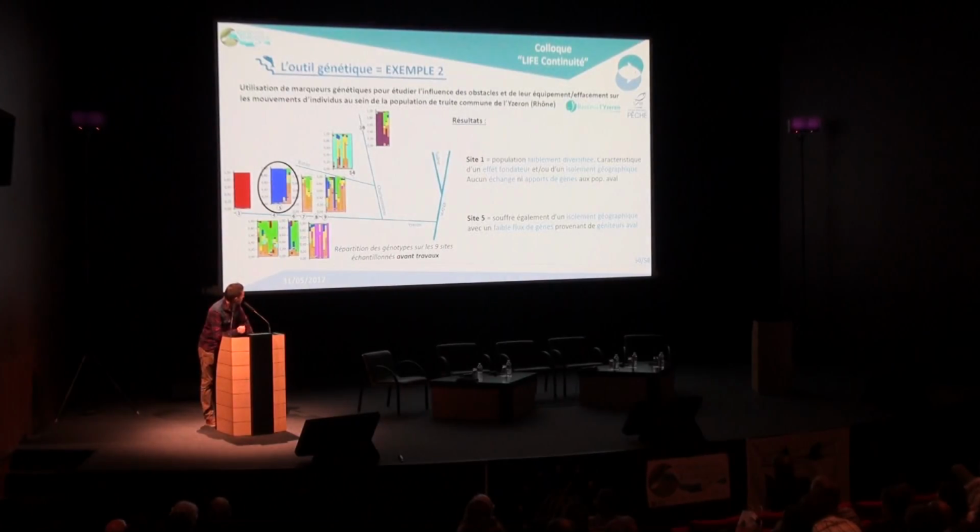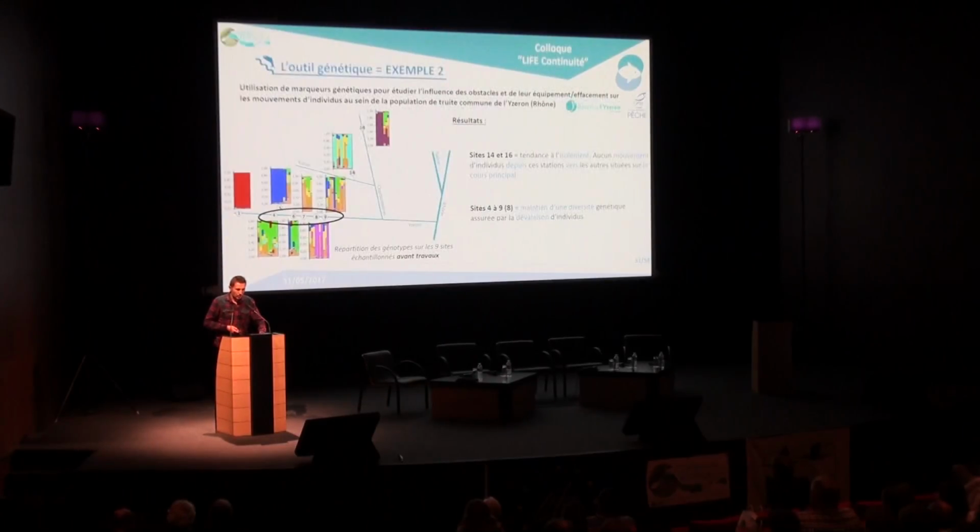The results, it is the same way to read the graphs. We have populations which are isolated. Populations 1 and 5 suffer from geographical isolation and very few gene flows.